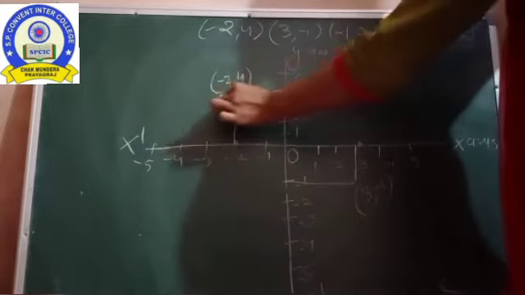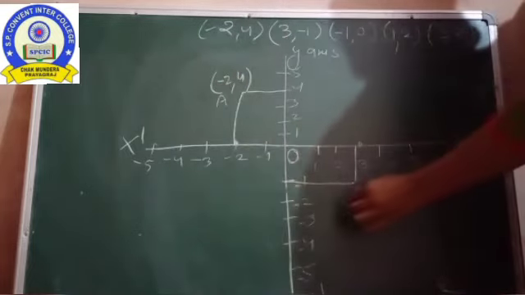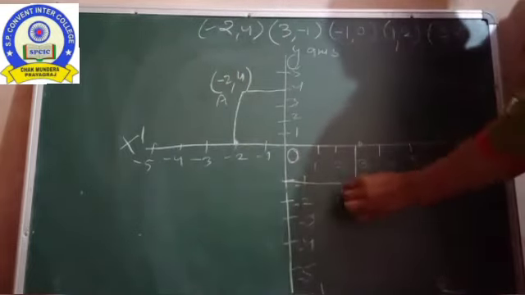This is point A and this is point B, and third is (-1, 0). x is -1 and 0 is here. This is (-1, 0), point C, and D is (1, 2). 1 is here and 2 is here.